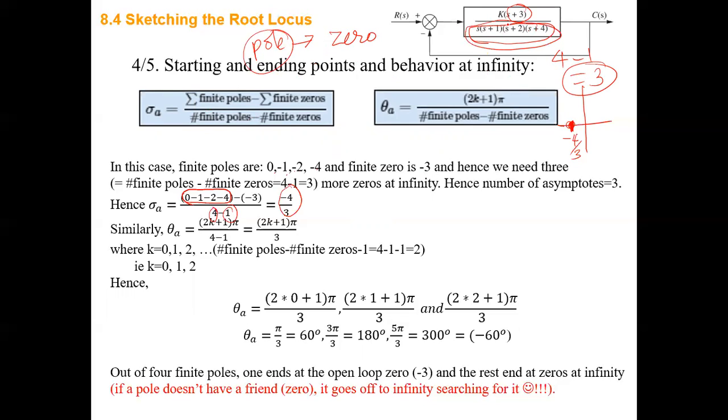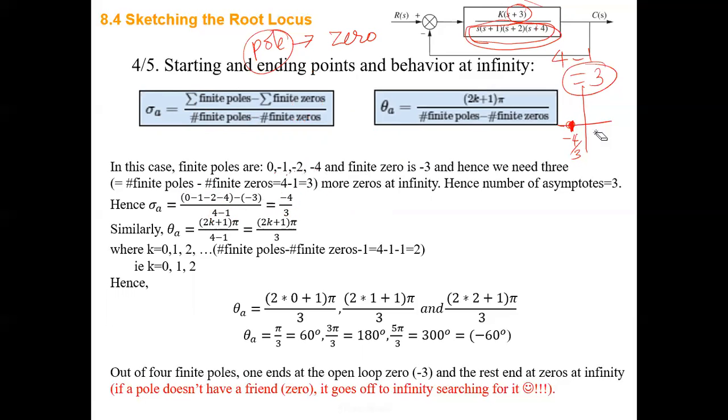You have 4 poles and only 1 zero, so for the other 3 poles you need to find zeros. Those zeros are at infinity. That's called zeros at infinity. That's why you have 3 asymptotes.